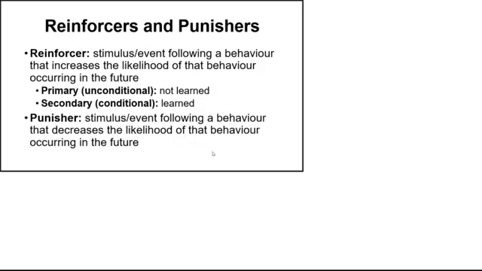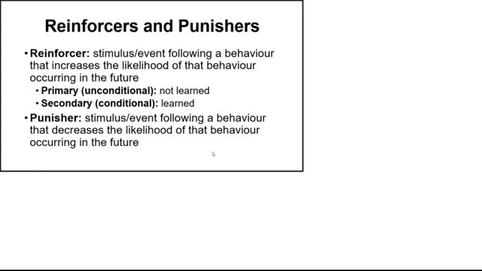All right, next slide is another little bit of terminology here. So we can talk about reinforcing and punishing, but we could also refer to the particular stimulus. We might call it a reinforcer or a punisher, depending on what role it plays. If it's a stimulus or an event that increases the likelihood of a behavior, then we would call it a reinforcer.